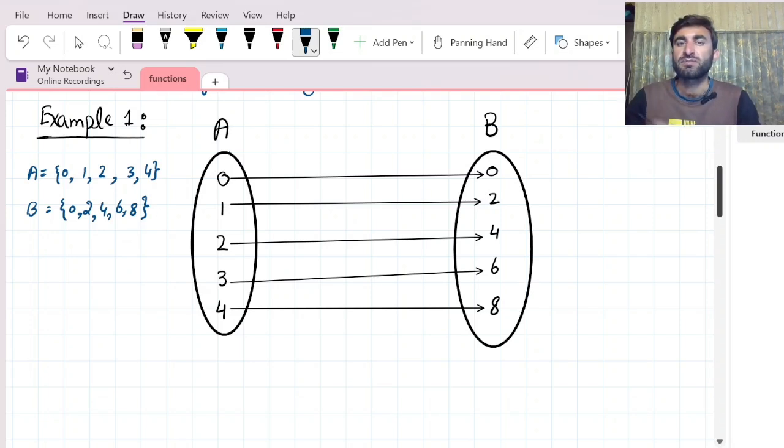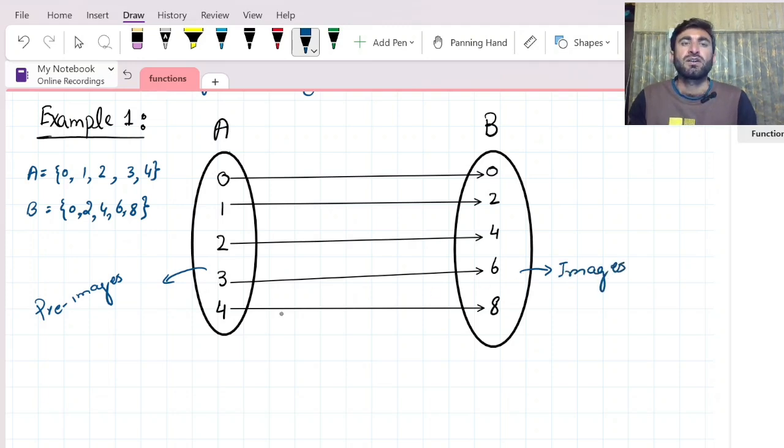We can see 0 is mapped onto 0, 1 is mapped onto 2, which means 2 is the image of 1. Similarly, 2 is mapped onto 4, which means 4 is image of 2. In the similar manner, we can say that 6 is image of 3 and 8 is image of 4. So these elements are known as pre-images, while the elements of second set are known as images.